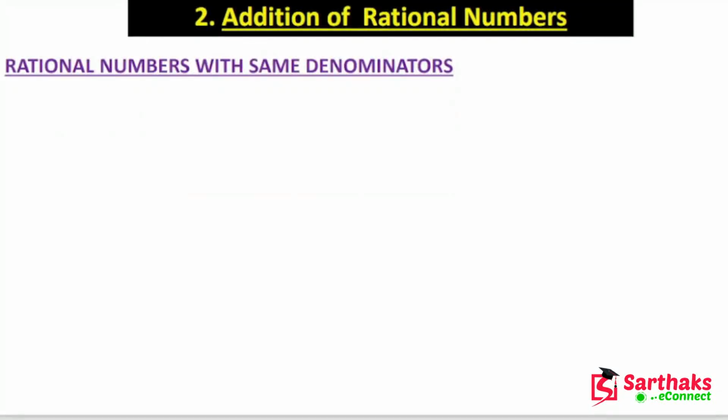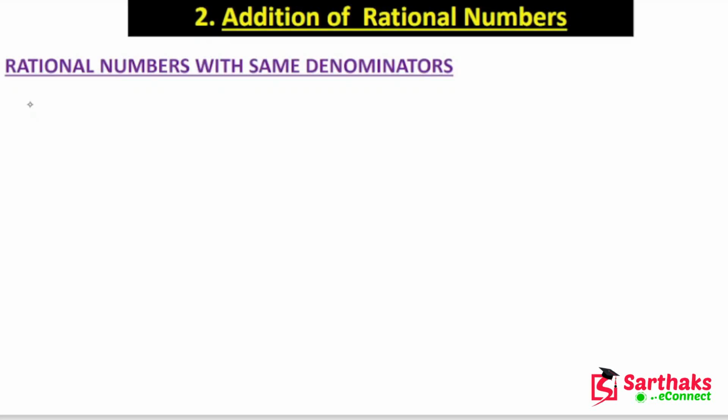That is how two rational numbers can be added. Now two scenarios arise: when the rational numbers have the same denominators and when they have different denominators. If the rational numbers have the same denominators, then we can directly add them.